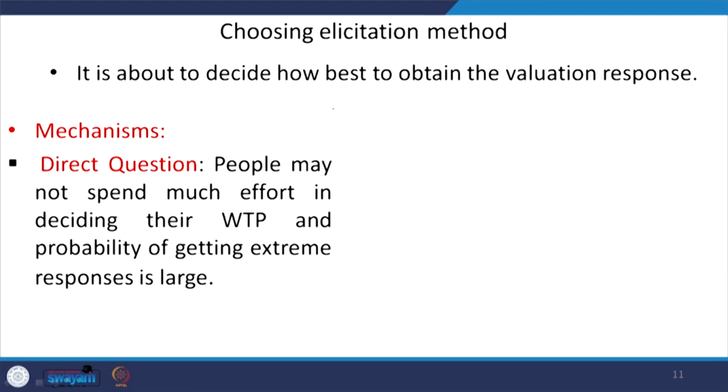When you are directly posing the question, what is your willingness to pay in a particular situation, people will not think about whether they are capable of paying or whether they are actually willing to pay in this context. That is why the probability of getting very extreme amounts of willingness to pay is very high.